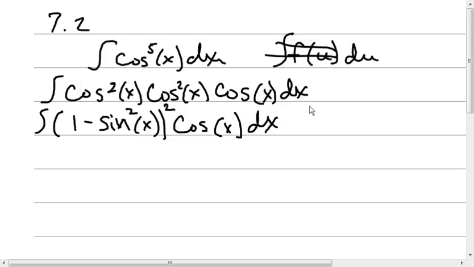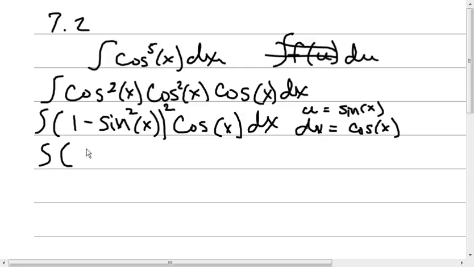And now we can say, well, look, u is equal to sine of x, du is equal to cosine of x dx, and we can rewrite this term with u substitution, and we get 1 minus u squared, quantity squared, times du, and we can then integrate this.